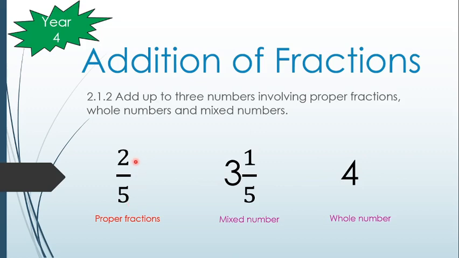Proper fraction, the numerator is smaller than the denominator. Mixed number, they are mixed, they are whole number and also a fraction. This and this is a whole number, right?